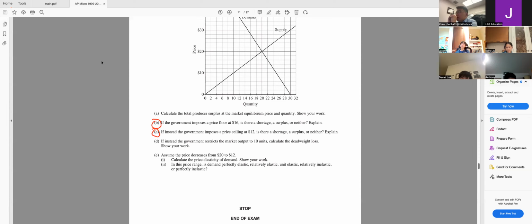So you don't know what the price floor is? I kind of don't know how to solve it. I do know what it means, but I'm not pretty sure how to solve it.